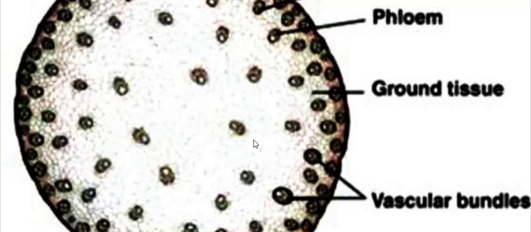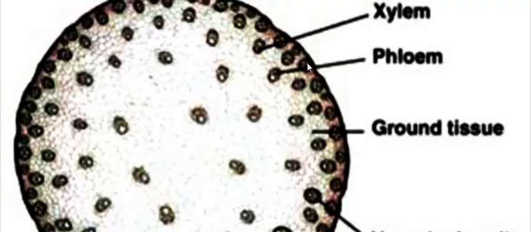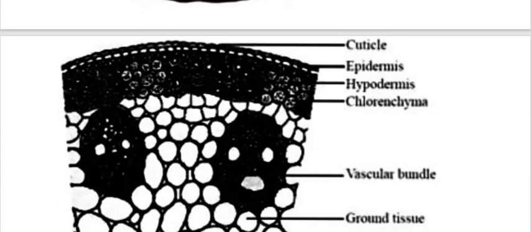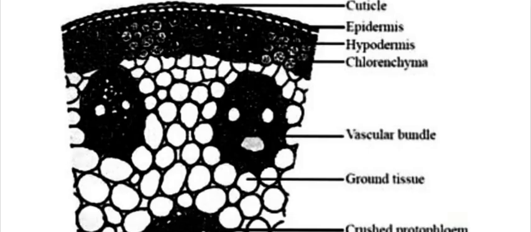These are less in number and larger in size. And in each vascular bundle, xylem and phloem are present. Phloem is on the outer side, while xylem is present on the lower side. We will see these diagrams in detail. In this diagram, a small portion of the transverse section of the monocot stem is shown, in which the parts are visible.